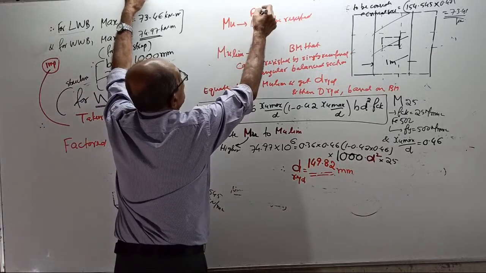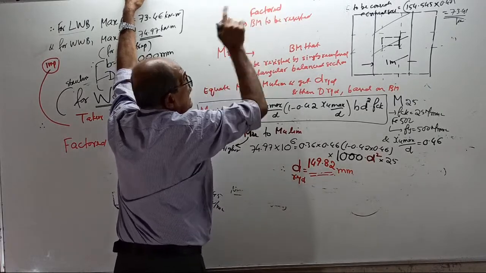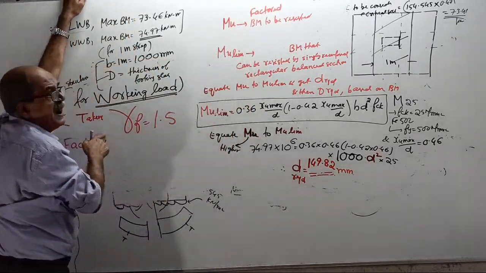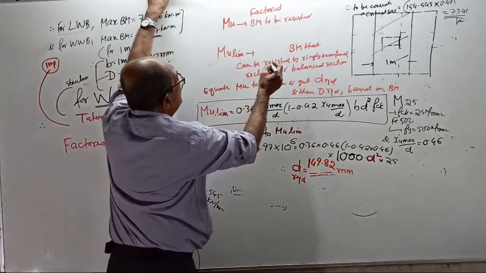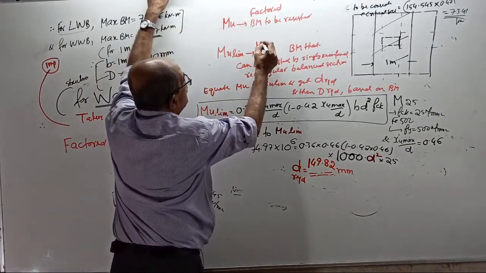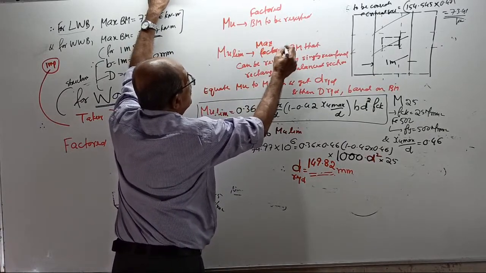I have not written it earlier because if I write earlier, someone would say, sir, 1.5 required. Trying to trap only. Mu is the maximum factored BM.